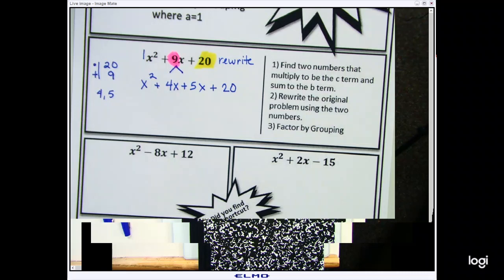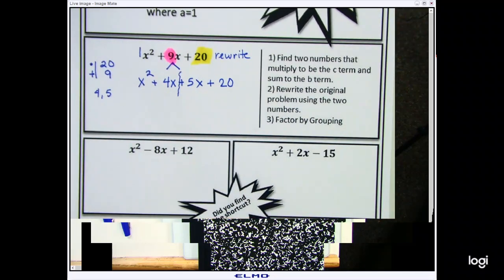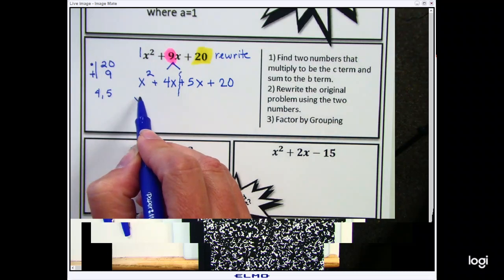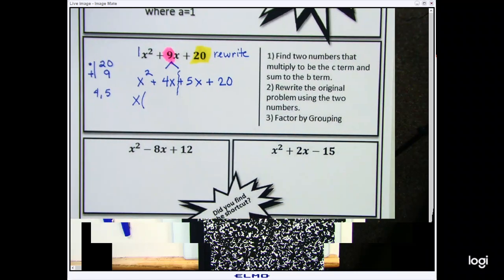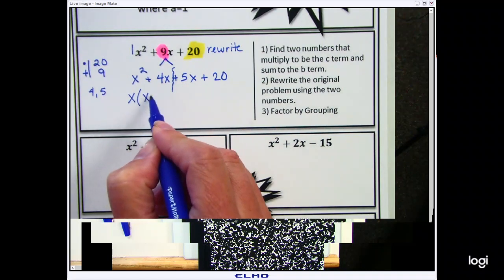Now that I have that, I can split it down the middle. And this should be easy peasy because you guys were so good at that. I saw your homework scores. You were amazing. Greatest common factor on the left. It's 1, just x. Factor that out and you would be left with x plus 4.